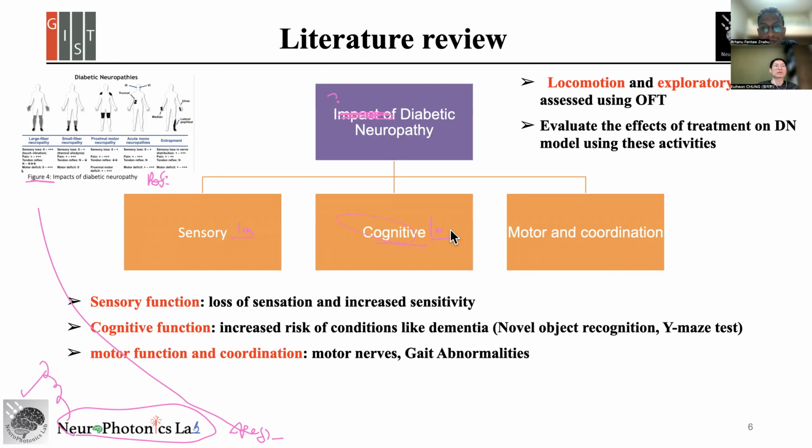Memory loss is one part of cognition, right? Novel object recognition and Y-maze are used in preclinical studies. So maybe cognitive dysfunction. And motor coordination impairment. Always try to make it clear, not just sensory.